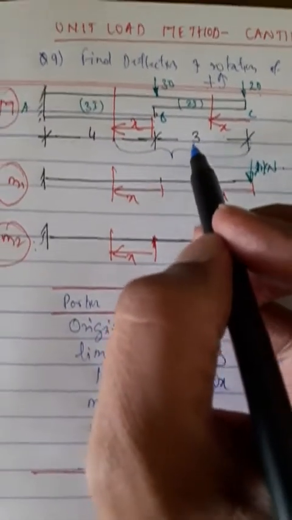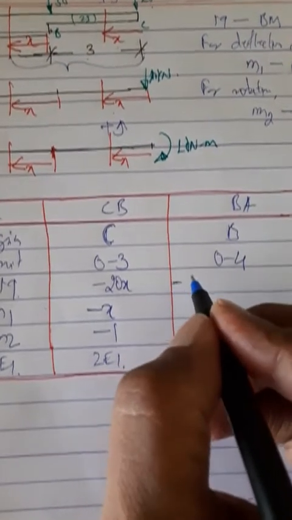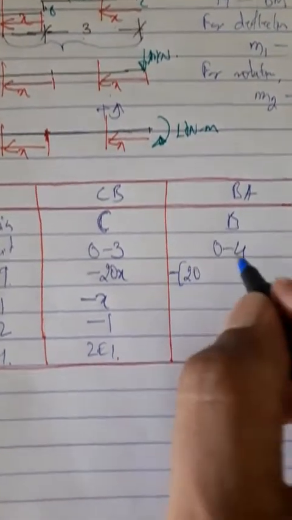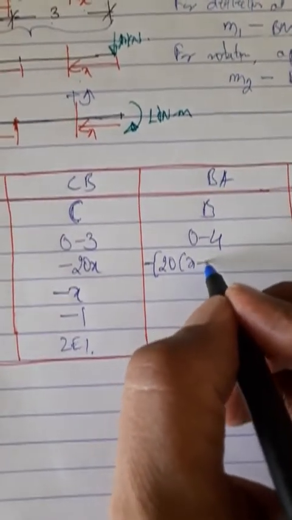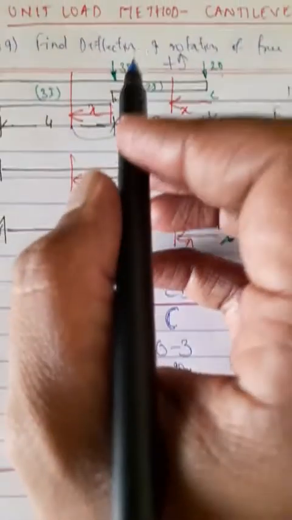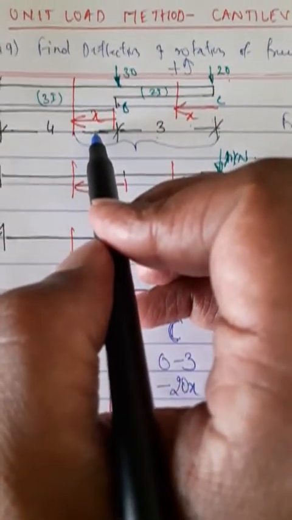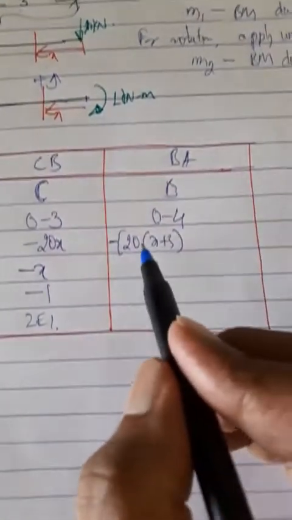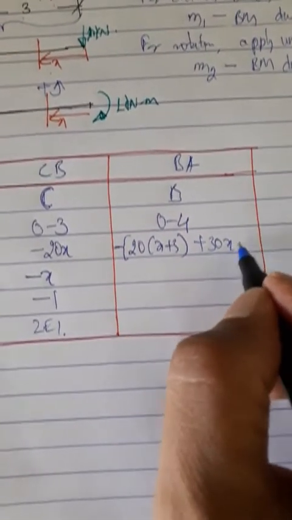So this distance is 3 plus x. Sign will be minus 20 into x plus 3. Next again plus 30 into x. Again this produces negative, so I am going to take the minus sign outside, plus 30 into x.